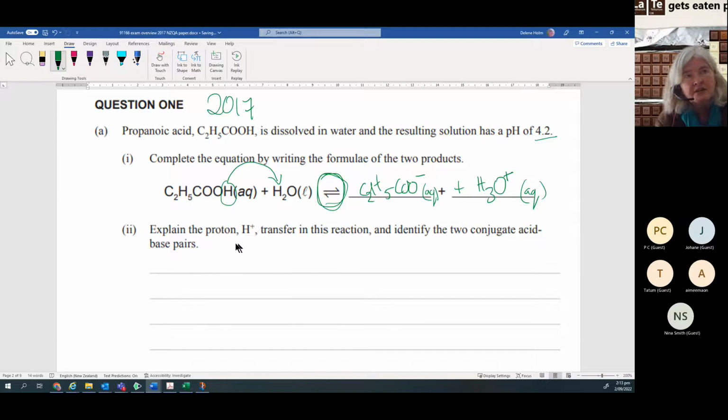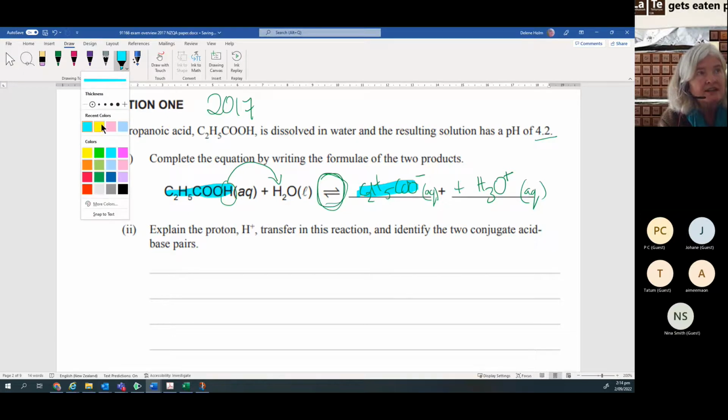So now you've got to explain in terms of proton transfer. You just simply have to say what has donated. And of course, because it's an equilibrium, it can go backwards. So if this is my acid, because it's donated a proton, then the conjugate base is what's left when the proton has been taken off, because this conjugate base can pick up a proton and form the acid again.